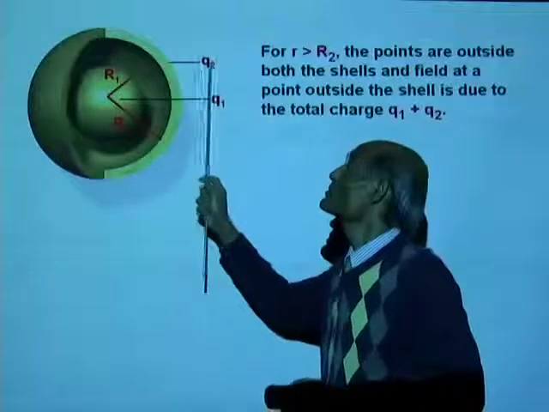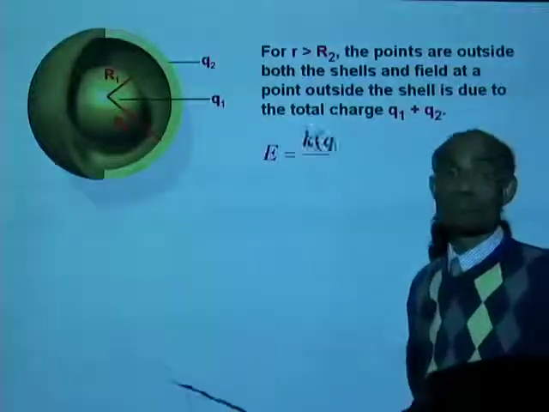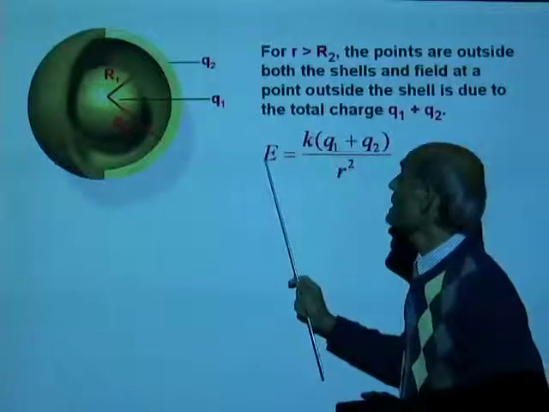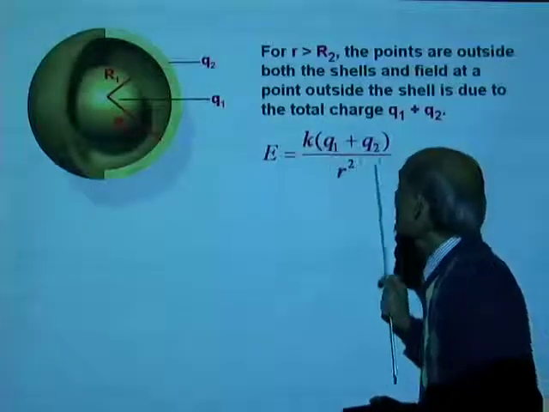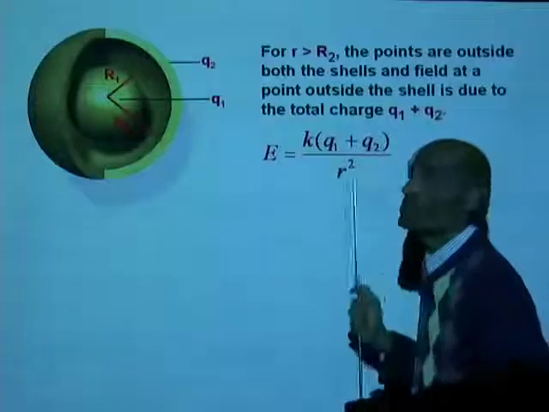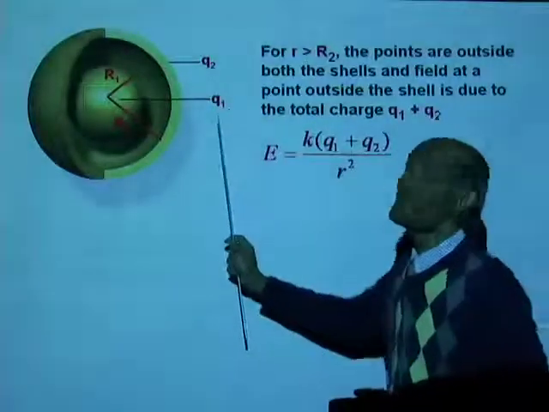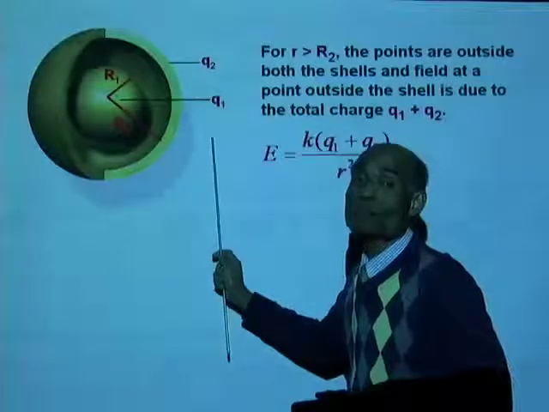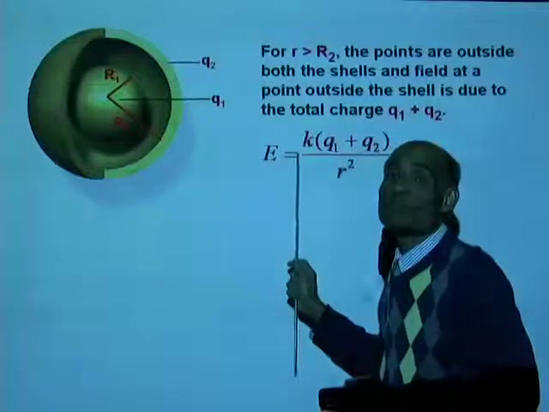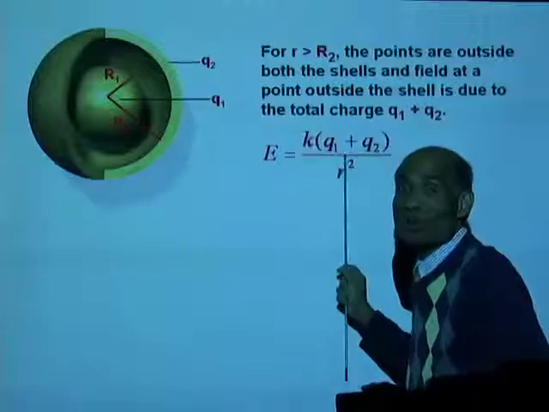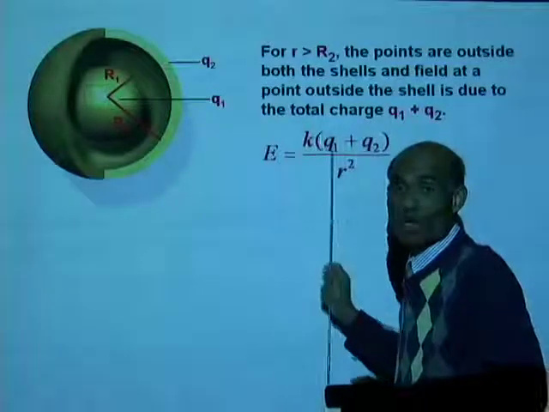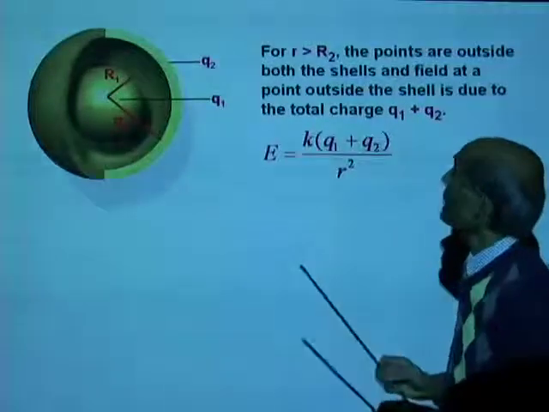It will be due to Q1 plus Q2. So that will be E equal to k times the total charge, Q1 plus Q2, over r squared. At any point outside of the two shells, the electric field will be k times the total charge on the two shells divided by r squared.